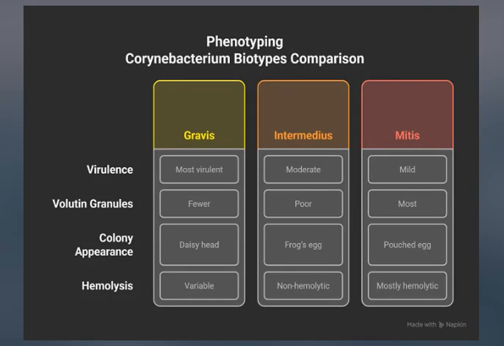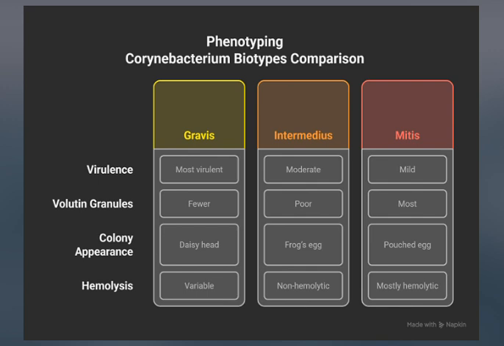When we compare different biotypes of Corynebacterium, we see clear differences in their virulence and appearance. The gravis biotype is the most virulent, producing fewer volutin granules and forming colonies that look like daisy heads.